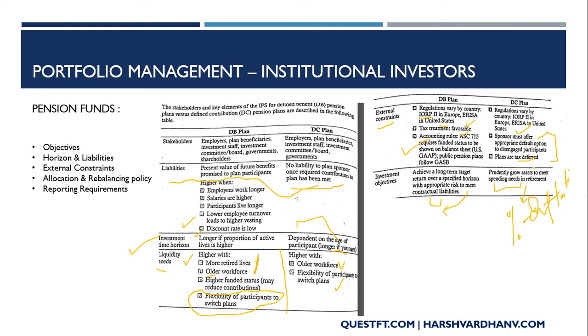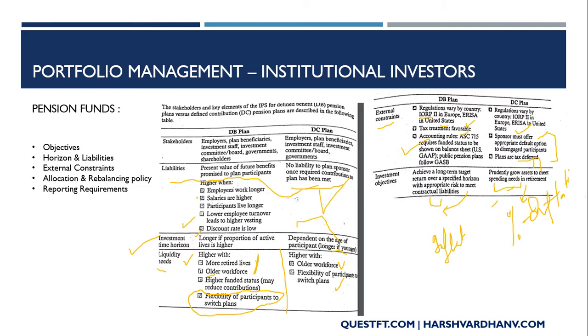Because here the risk is with the person who is contributing the money. So the fund which is managing this money will primarily target returns which are greater than inflation, at least greater than inflation, so that at least the real risk-free rate plus the inflation, some returns are provided to the DC plan holder.